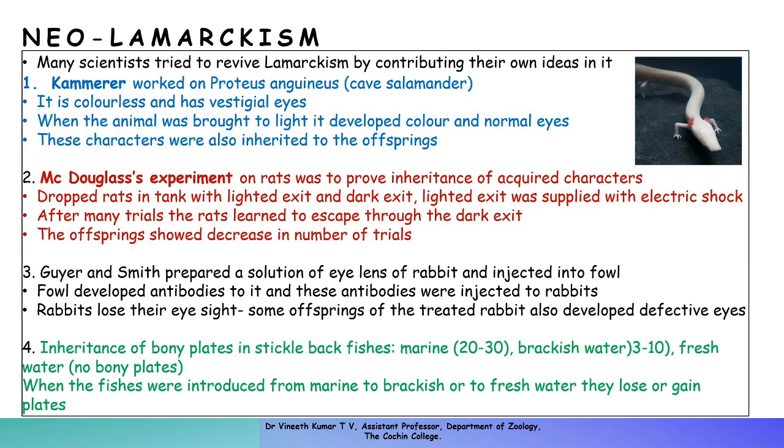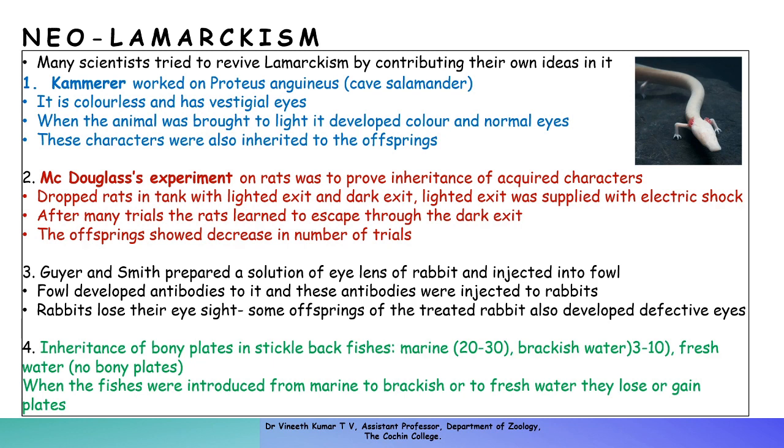So this is just a clear case of antigen-antibody reaction, and not inheritance of an acquired character, because only in some offspring might the antibody have entered through the placenta, not in every offspring. The offspring in which the antibody entered might have lost eyesight, the others might not. So this is also not foolproof for inheritance of acquired characters.